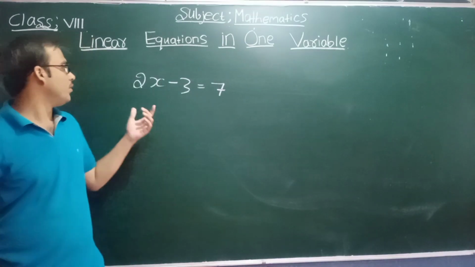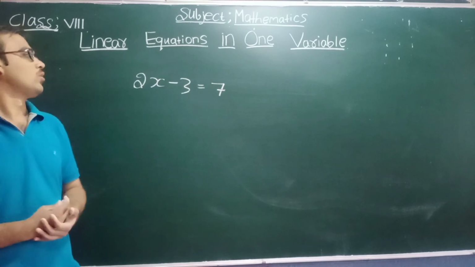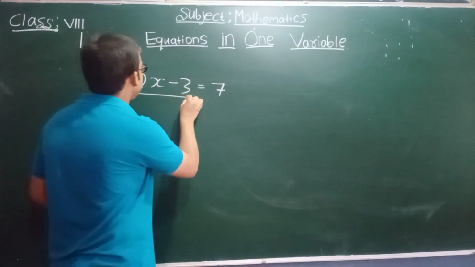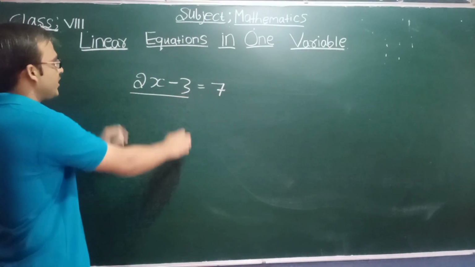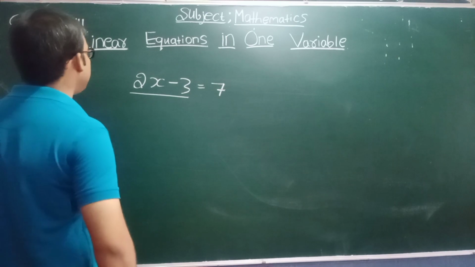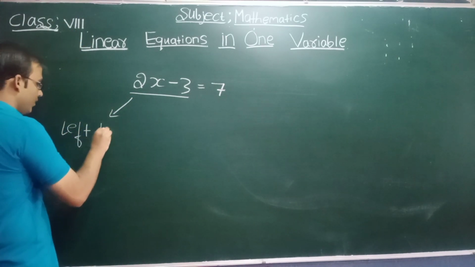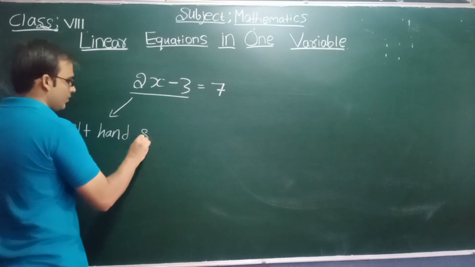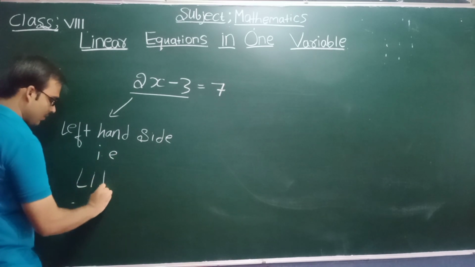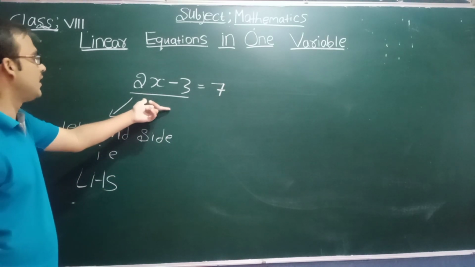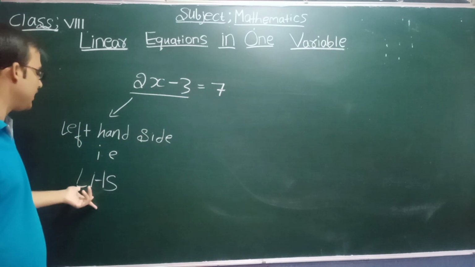Look here, students, there is an equation: 2x minus 3 equals 7. The expression towards the left of the equality sign is called the left hand side, that is LHS.